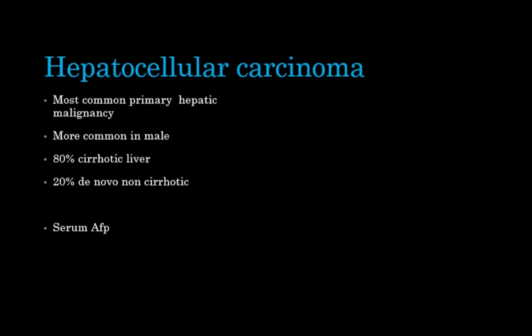The most common primary hepatic malignancy is hepatocellular carcinoma. It's more common in males. The risk factor in most of the cases is the cirrhotic liver, but it can occur in a non-cirrhotic liver in old age males. And also there is increased serum alpha-fetoprotein.